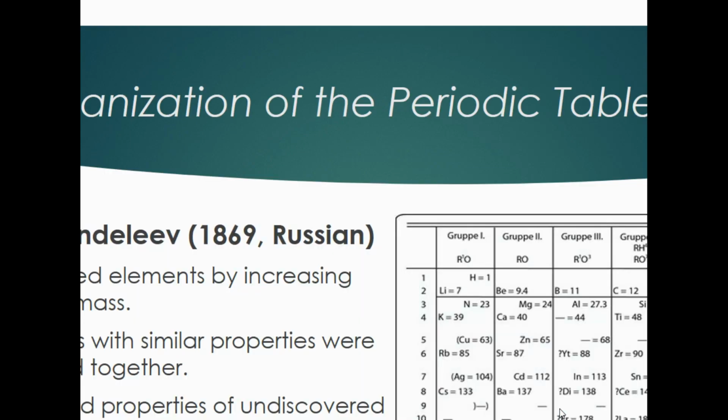So the first thing is we had Dmitri Mendeleev come along. He was a Russian chemist who took the elements that were known at that time, and he basically made these cards where he listed out the name of the element, its mass, and some basic properties that were known about that element.